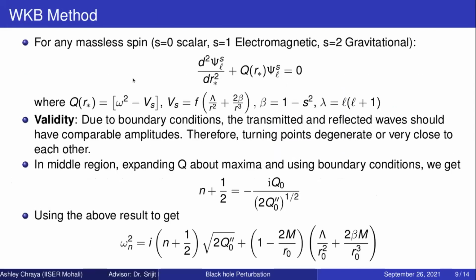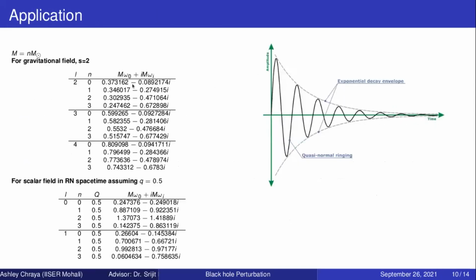If we were getting a positive value, then the waveform would not be damped, because e raised to power minus iota omega t would make the waveform exponentially increasing. So it is due to the negative sign which we are getting here that the waveforms are damped. And this is also the case in Schwarzschild and also in the case of the RN black hole.